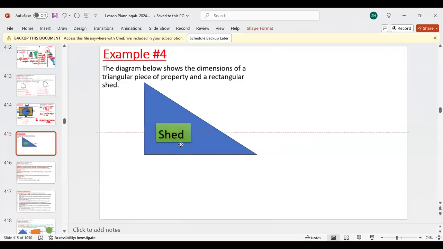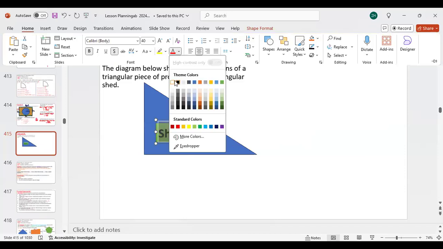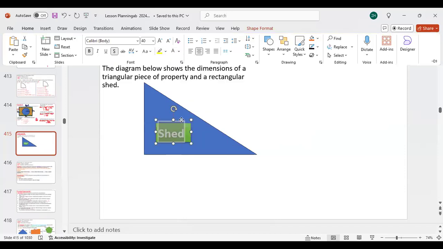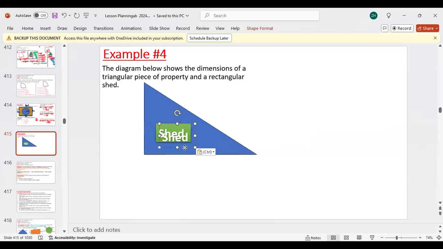And this shed that we have in the middle has dimensions. Let's say that the dimensions of the shed are going to be, say, 15. Are y'all writing this down? Let me know if y'all are writing this down, please.